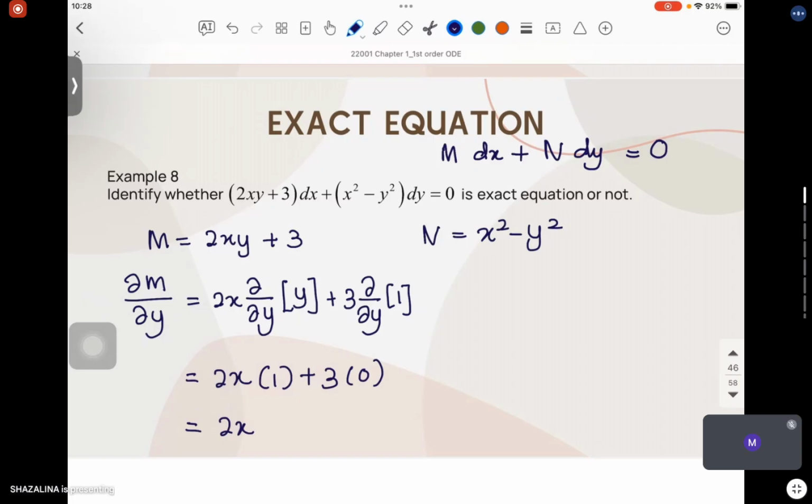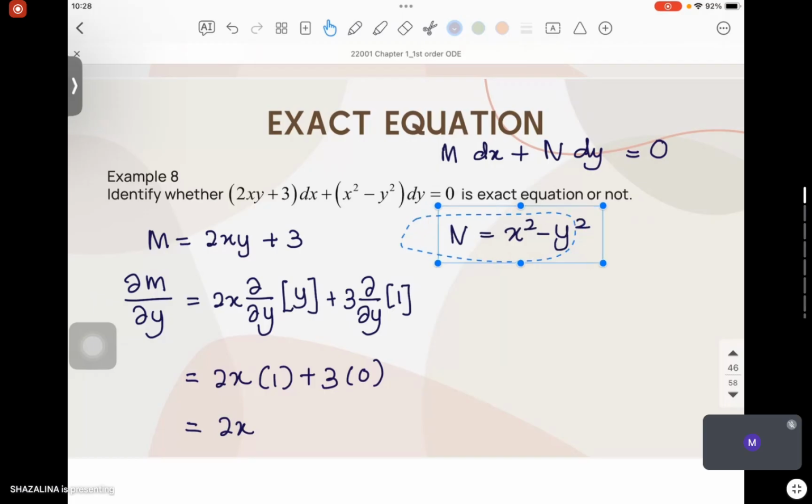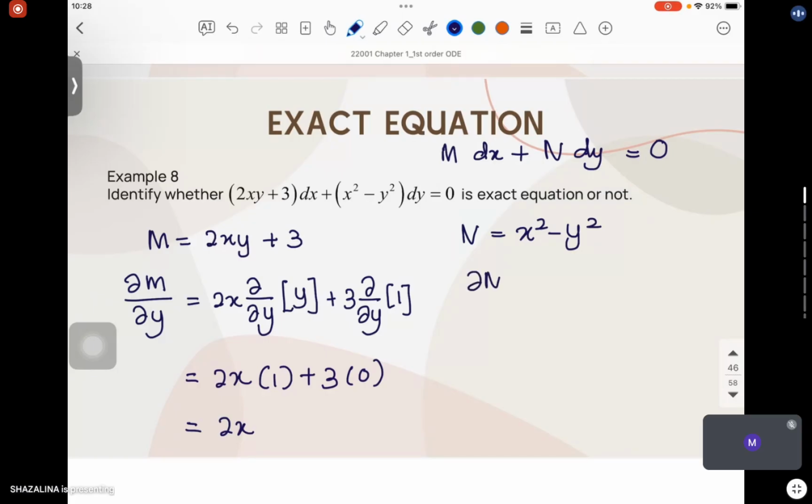Okay, ada soalan tak? Tak ada. Next, okay, kita nak differentiate N. Differentiate N with respect to x. Tadi with respect to y, tapi N with respect to x. Okay, for the first term, x square is just x square.